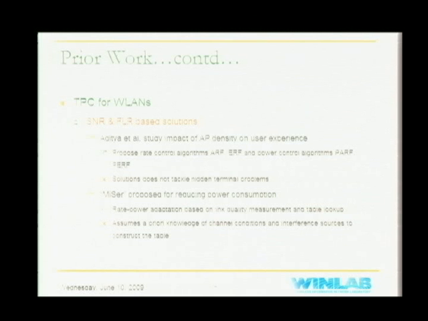But again, the algorithm PERF is of importance here because it uses RSSI to converge to the optimum transmit power to use, but they do not leverage the frame loss rate measurements to adjust transmit power. And there was another algorithm called Miser that used a table lookup procedure, but construction of the table offline by assuming a priori knowledge of interference sources and channel conditions is unrealistic.